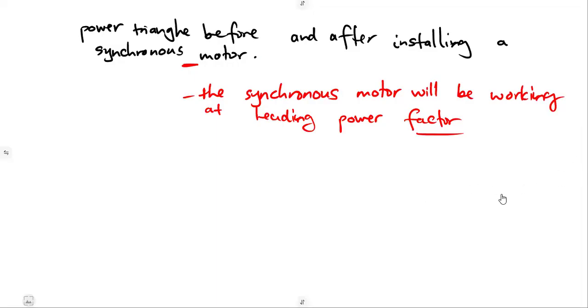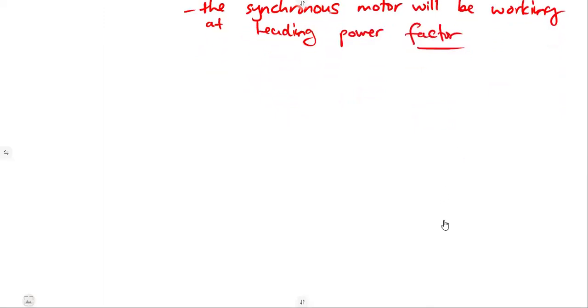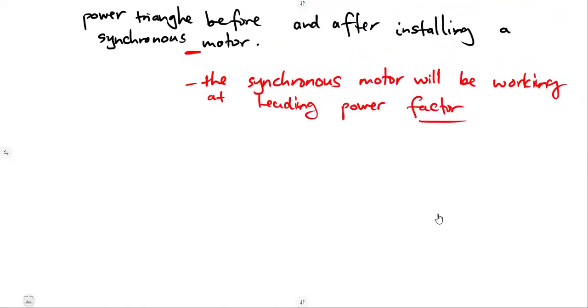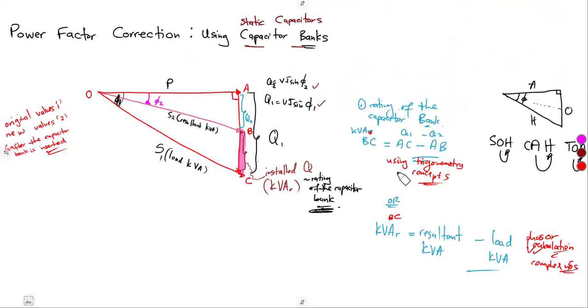You are going to notice that we are going to have the basic, remember before this part here that we had when we are having our normal operation. We were having our apparent power, this S1, which is the load kVA, and the resultant.